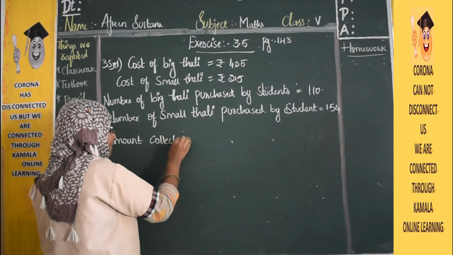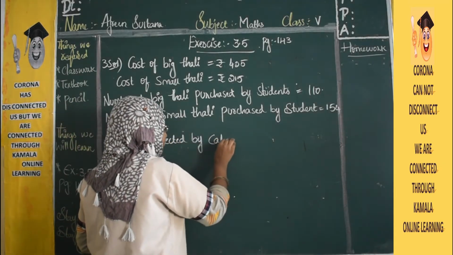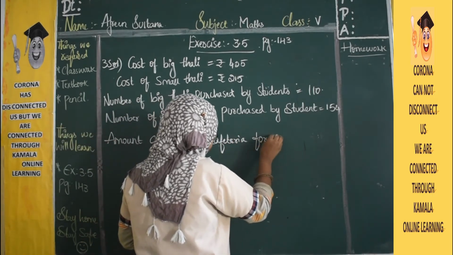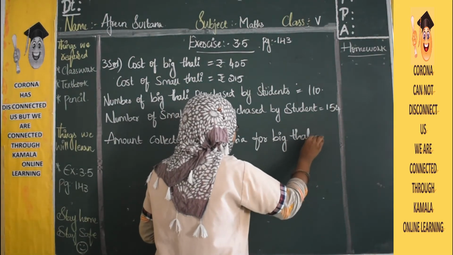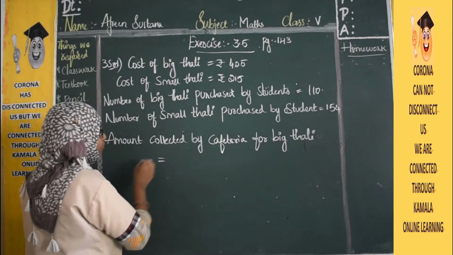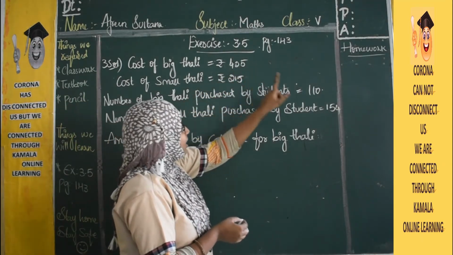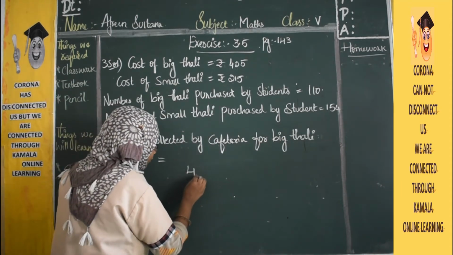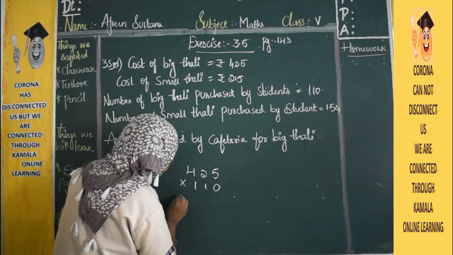What is the cost of one thali? 425. They have purchased 110 thalis, so rupees 425 into 110.